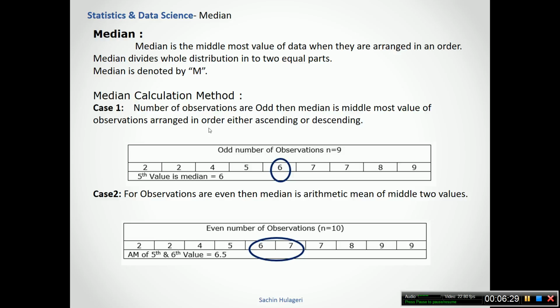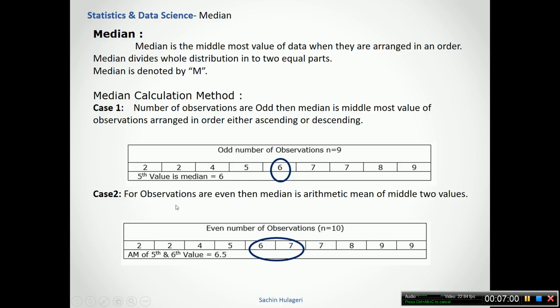Median calculation method. Case 1: when the number of observations is odd, we take the middlemost value as the median. The data should be arranged in ascending or descending order, and we take the middlemost value. Here we have 9 observations and the 5th observation comes in the middle, so we take it as the median value, which is 6.